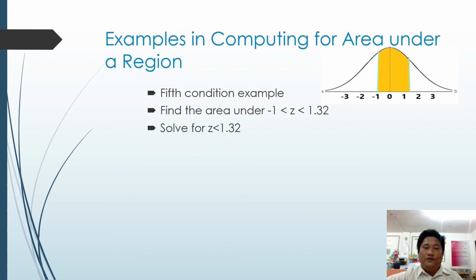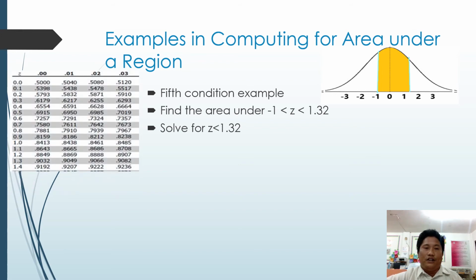The first thing to do is to solve the area for z less than 1.32. For 1.32, the first two digits are 1.3, and the last digit is 0.02. So our answer is 0.9066, because this is under the first condition, z less than 1.32.